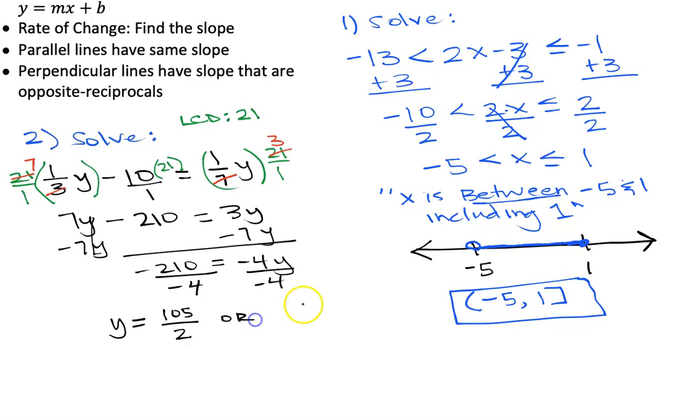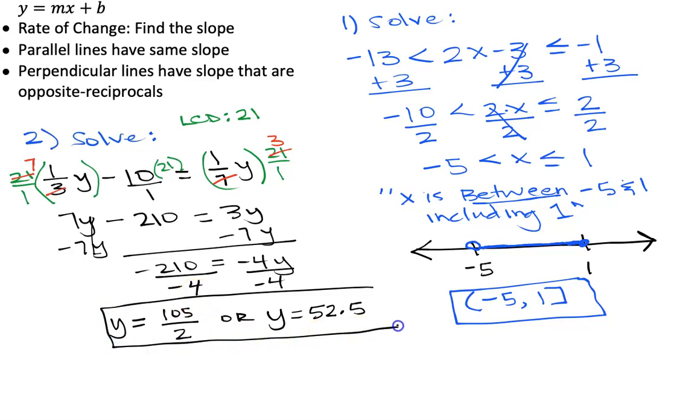Or if you change it to a decimal, just put in your calculator negative 210 divided by negative 4, you would get y equals 52.5. Okay, and so like I said, you get full points for either of those answers on there, unless it's specified which way you need to give your answer.